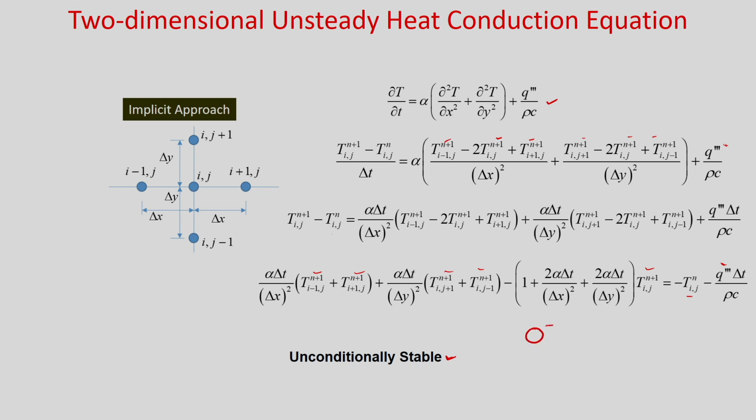So, the order of accuracy for this explicit method and implicit method is order of delta t, because it is first order accurate in time and second order accurate in space, delta x square and delta y square, because you can see this is order of delta x square, this is the order of delta y square, and this is the order of delta t.